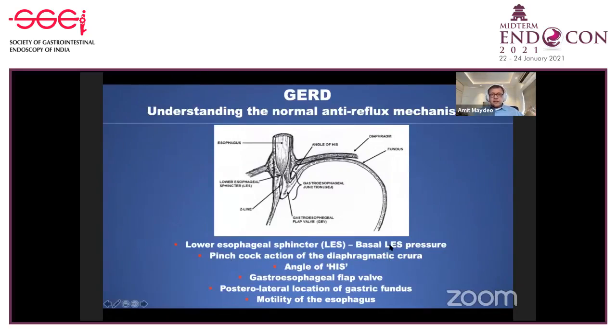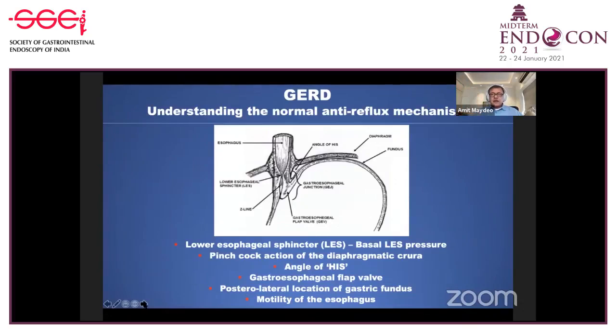Now, the basal LES pressure is an issue which occurs during expiration, whereas during inspiration is the pinchcock action of the diaphragmatic crura, and third is the angle of His, fourth is the GE flap valve, fifth is the posterolateral location of the gastric fundus itself, and sixth is the motility of the esophagus itself.